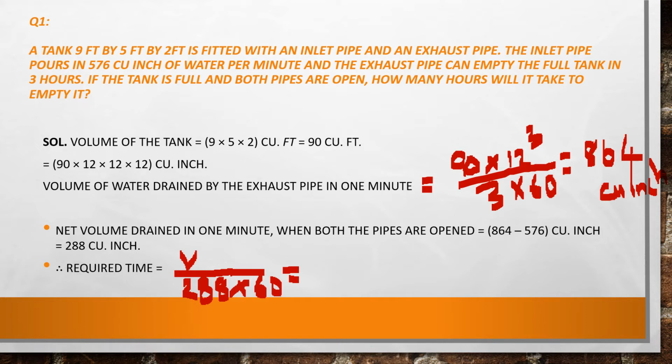So the total volume is given by 90 cubic feet, divided by 288 into 60. So you get the answer as 9 hours.